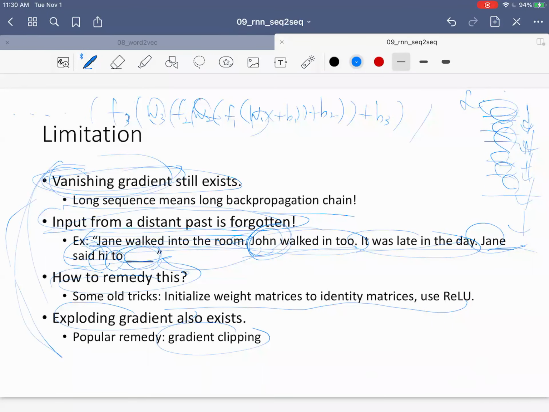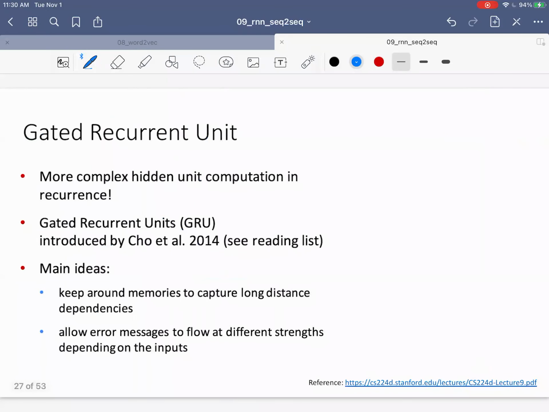So that's where LSTM and GRU come in, in order to cope with the vanishing gradient problem and with forgetting your distant past. All these limitations can be remedied by GRU and LSTM. GRU is a variant of RNN, but it uses a more complex hidden unit computation in the recurrence. It involves 2 more gates, actually.